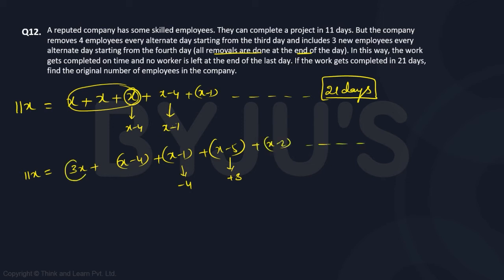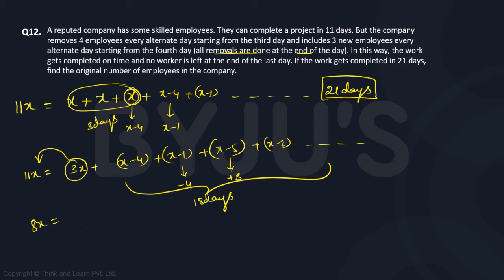Now 3 days are already here, so send it over here, so this becomes 8x is equal to the remaining days. Total 21 days, out of which 3 days I'm already taking to the left hand side, which means the remaining is 18 days.